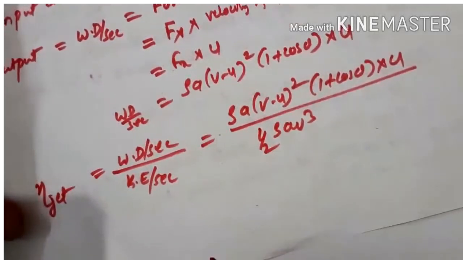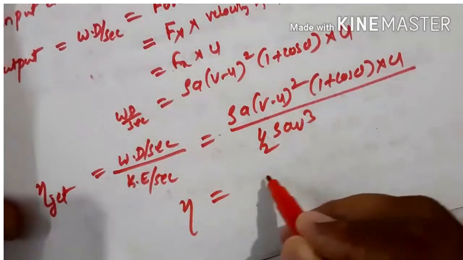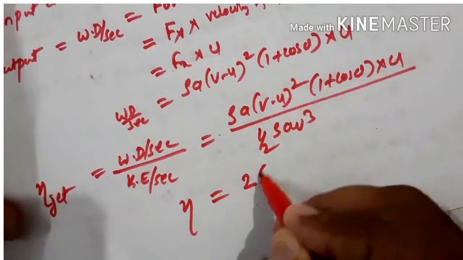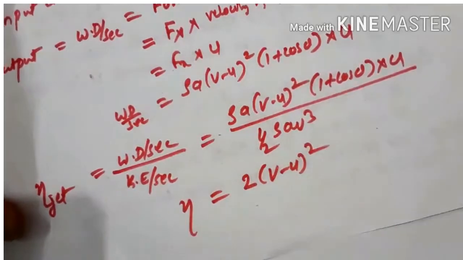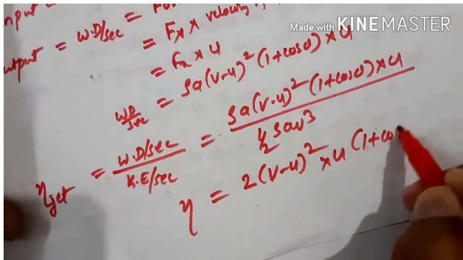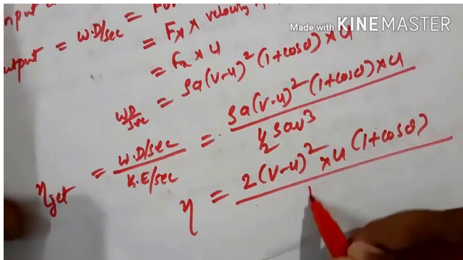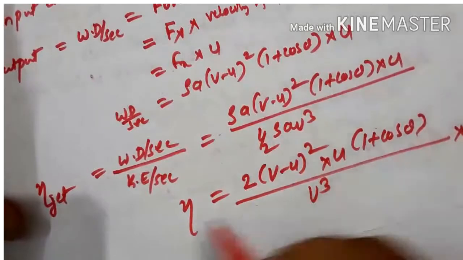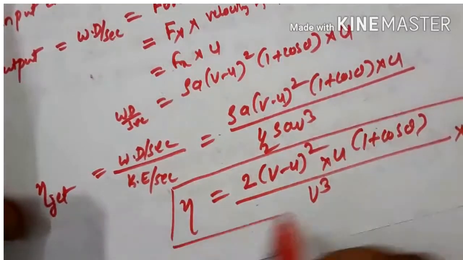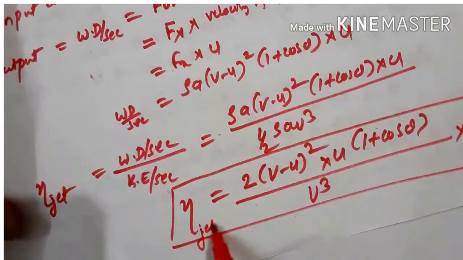Okay, so simplify this one, you will get 2 times (v minus u) whole square into u (1 plus cos theta) whole divided by v cube, into 100. So this is the equation you get after simplification. This is the efficiency of the jet.